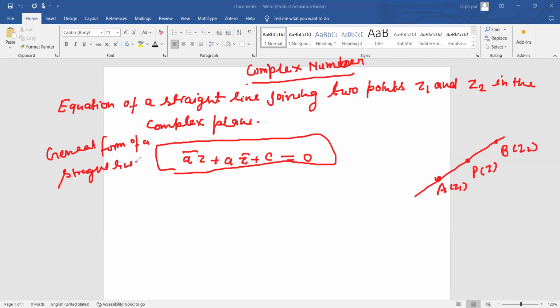And if we find from this, we get the straight line as Z times (Z1 bar minus Z2 bar) minus Z bar times (Z1 minus Z2) plus Z1 Z2 bar minus Z2 Z1 bar equal to 0. This is the required equation of the line.